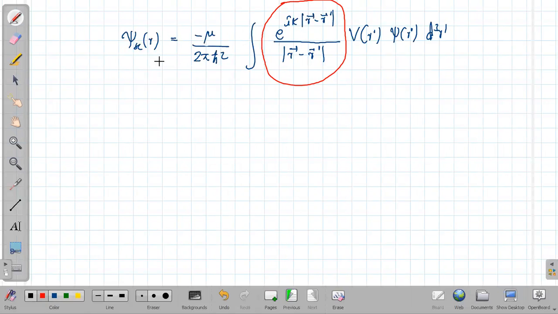So in the next class, we'll discuss how to simplify this expression. There are ways to simplify it, and we'll get some easy expression for the scattering wave function, and thereby we can find the expression for the scattering amplitude.